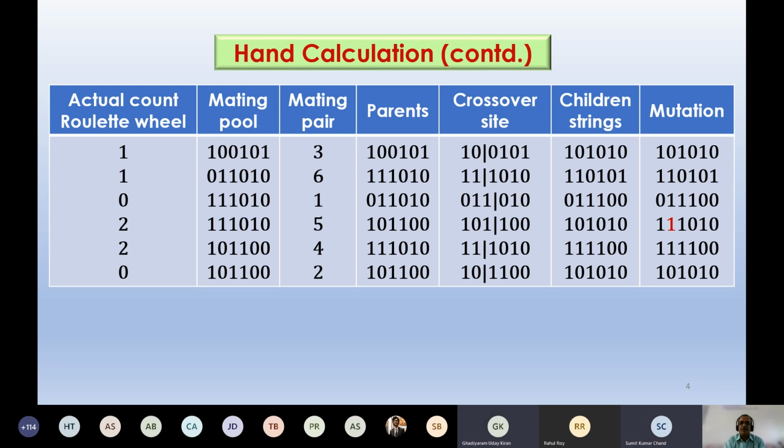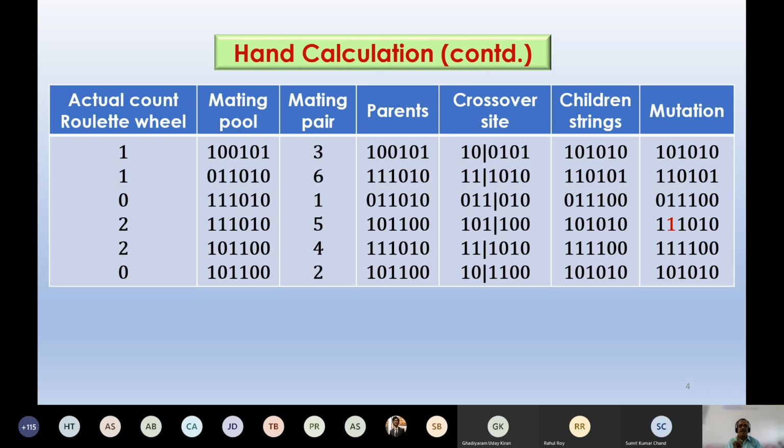Sir, one more thing, the crossover site: is there any fixed number of positions for all the mating pairs? No, it is not fixed. Here I'm showing you one iteration through hand calculation. All such things are done at random using the random number generator. Just to show you a feasible solution, I selected at random. The mating pair selection is also at random.